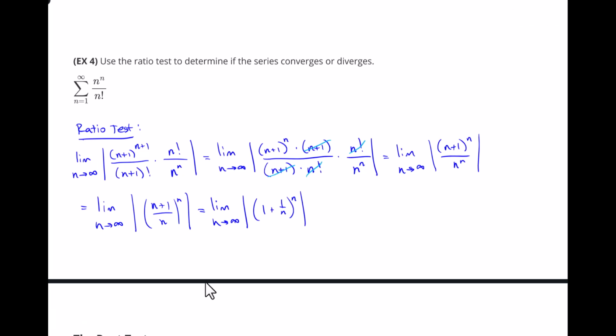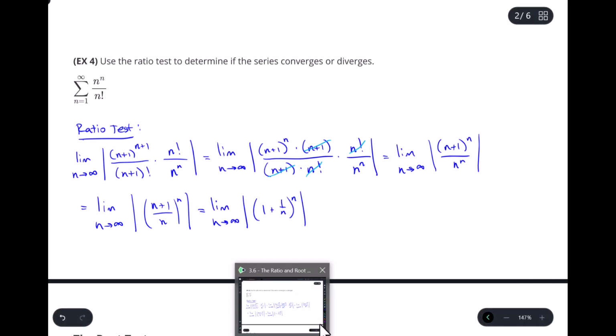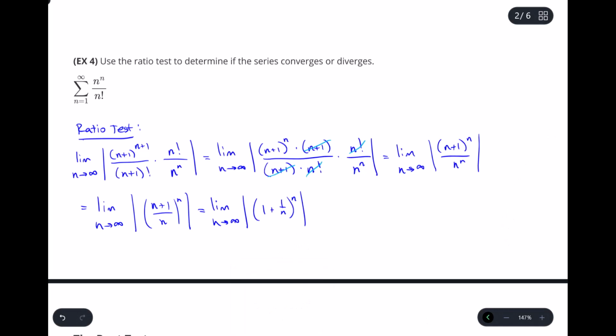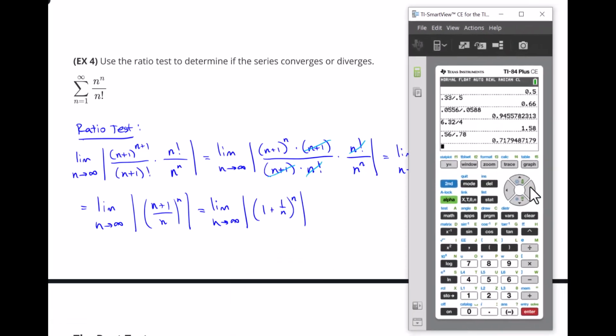And this is a fairly common limit that we run into in calculus, and you might know the result of this, and if you do, that's fine, you can use that. If you don't, you probably would need to use a table here. I'm not sure L'Hopital's rule applies, so let's bring up the calculator and just use a table and figure out the value of this limit.